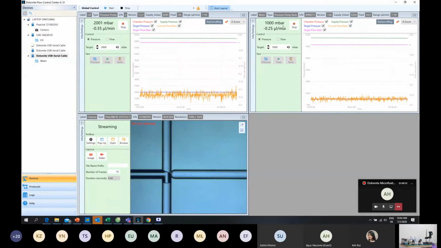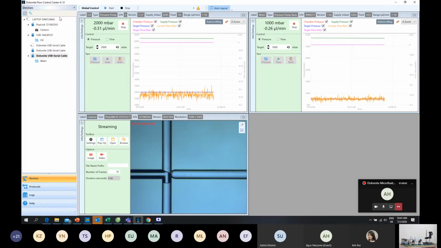The maximum pressure our system can apply is 10 bar. Flow rate or pressure can be controlled by the option here: pressure control here, or if you want to control by flow rate, you can click here. The second pump with the water phase is similar, and here we will visualize the process in the chip.